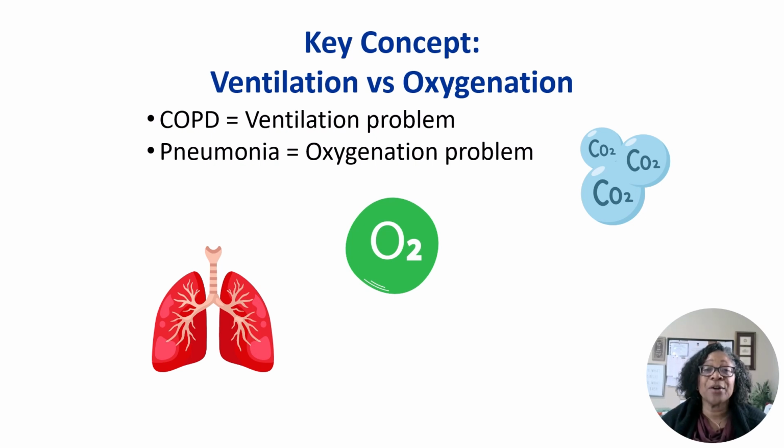COPD is primarily a ventilation problem, and pneumonia is primarily an oxygen problem. Understanding the distinction between the two will help you determine what symptoms to expect, what interventions are appropriate, and which patient may deteriorate first. The NCLEX frequently tests your ability to recognize which respiratory process is failing.